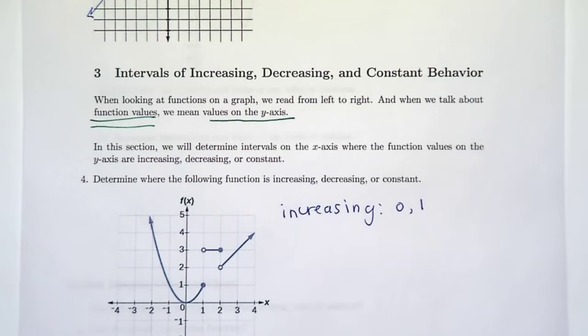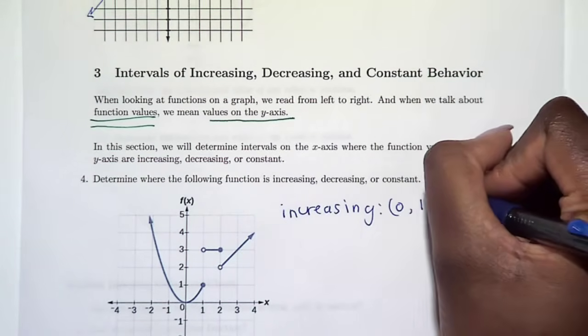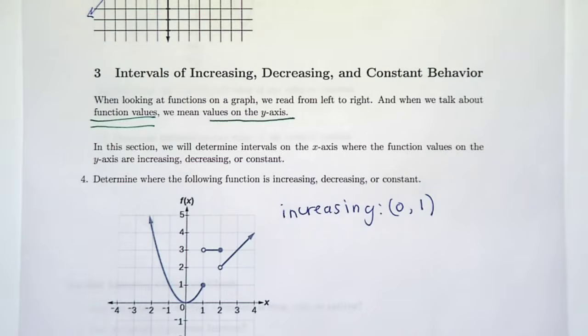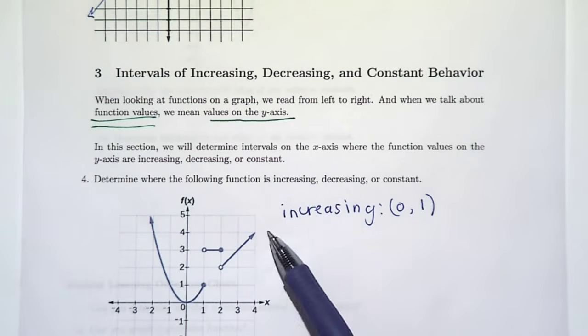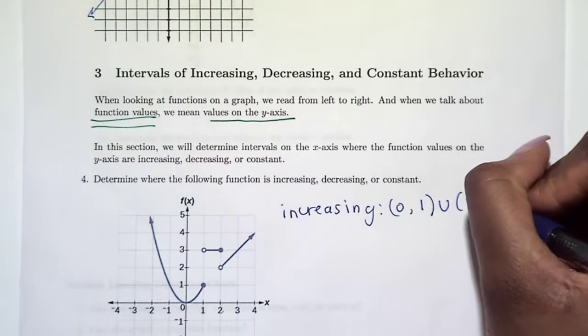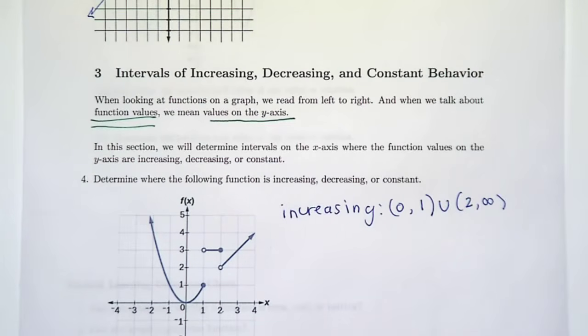Typically in your homework, it's always going to be open intervals when we talk about increasing, decreasing, or constant. All right, let's continue on. Oh, it looks like a straight line here. We're constant, and then we start increasing again between 2 and infinity. So I'm going to say union, 2 and infinity. So those are all of the places that our function is increasing.